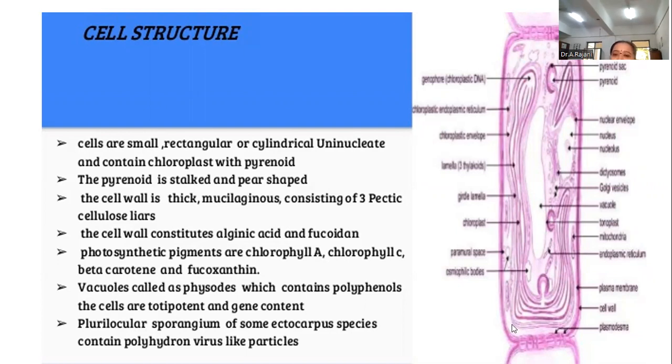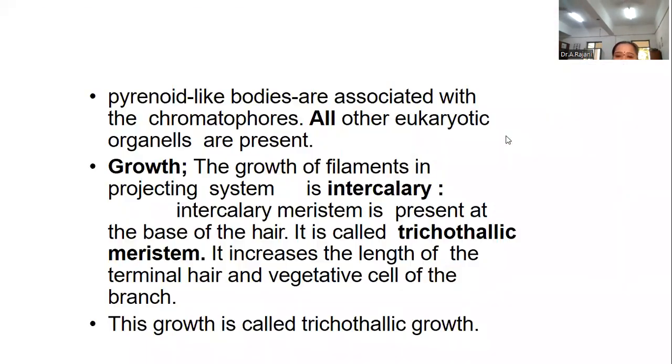The cell wall is made up of thick mucilaginous and pectic layers, consisting of alginic acid and fucoidin. Photosynthetic pigments a, c, carotenoids and fucoxanthin are present. Vacuoles are also present, with polyphenols. This is the cell structure.